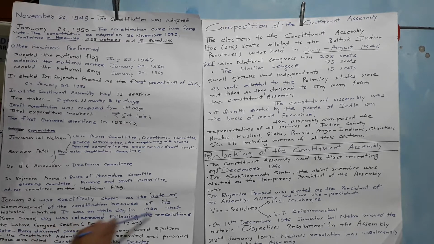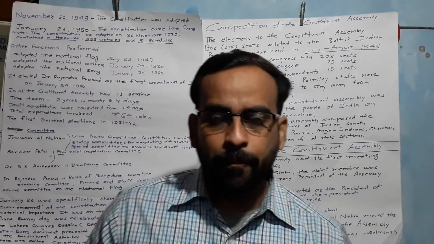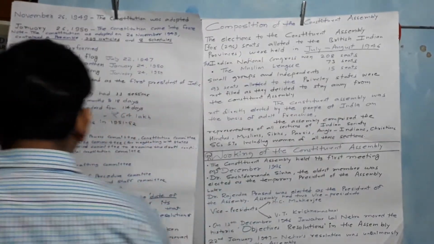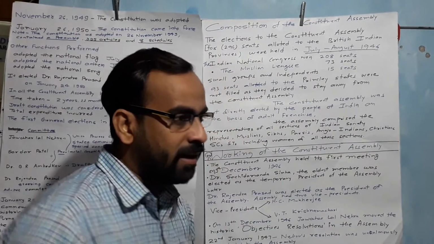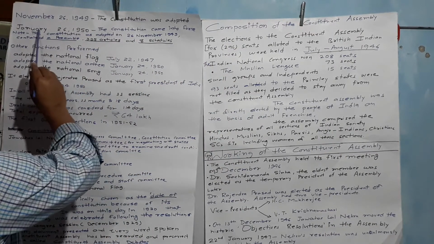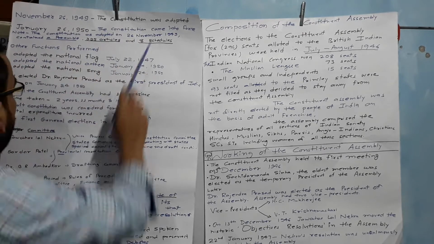It was on this day in 1930 that Purna Swaraj Day was celebrated, following the resolution of the Lahore Congress session of December 1929. Remember these topics. Due to the historic importance of 26 January, the Constitution came into force on January 26, 1950.